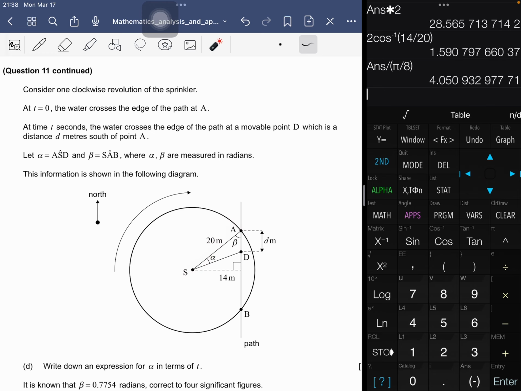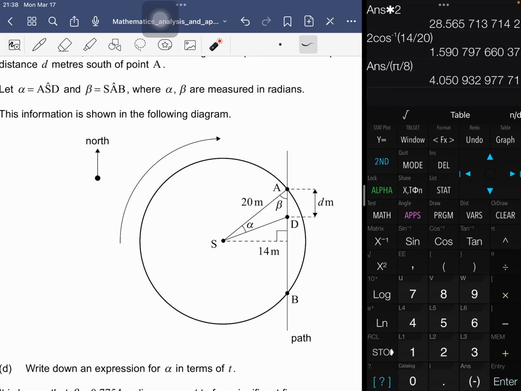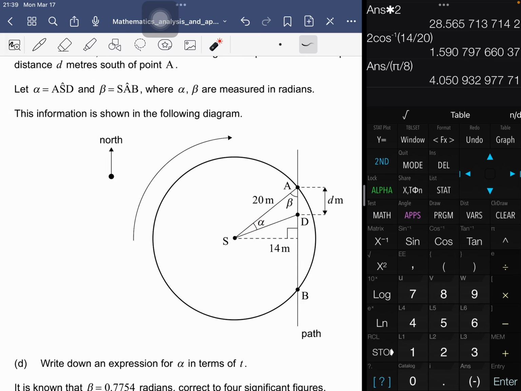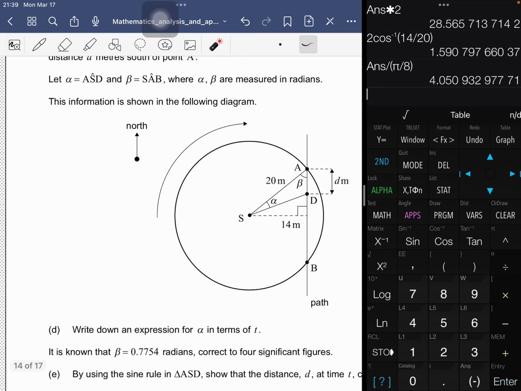Then at time t seconds, the water crosses the edge of the path at a movable point D, which has a distance d meters south from point A. Let alpha be angle ASD, and let beta be angle SAB, measured in radians. The information is shown in the following diagram.